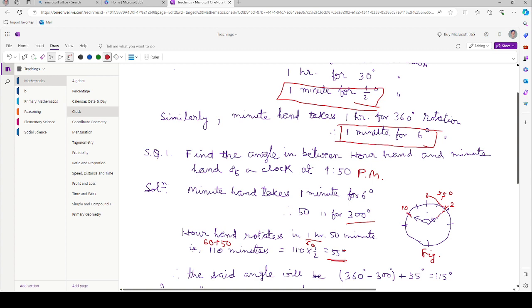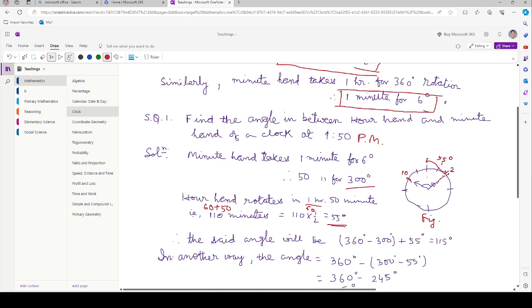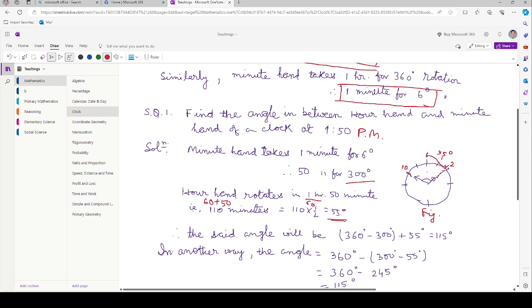What is the angle between hour hand and minute hand? It will be 360 degrees, the total angle, minus 300 degrees, what the minute hand rotates. Then which angle comes?